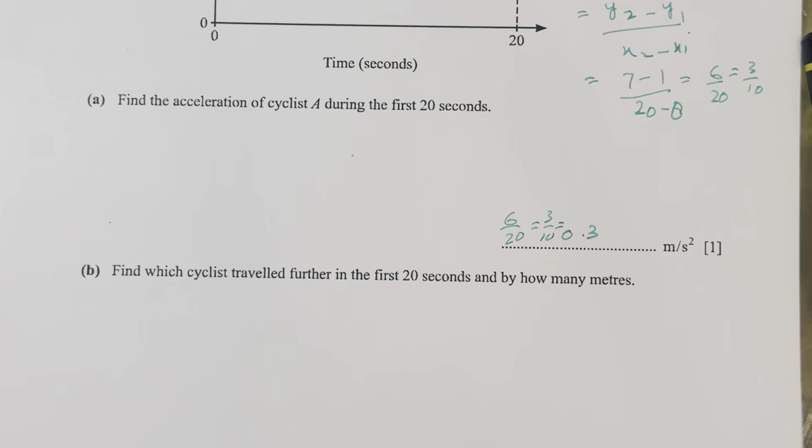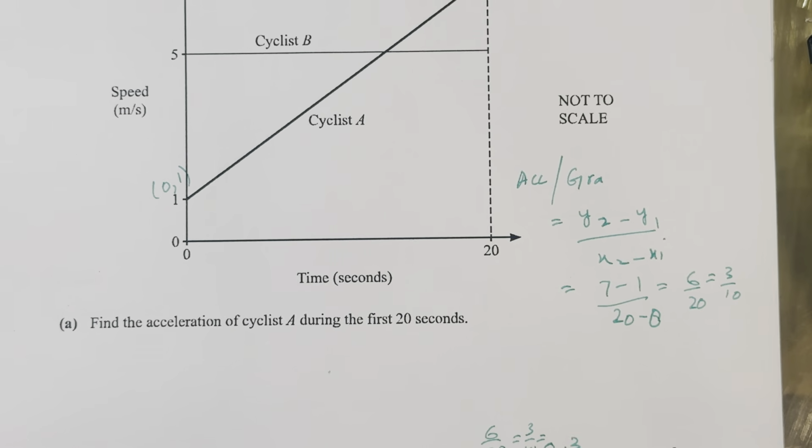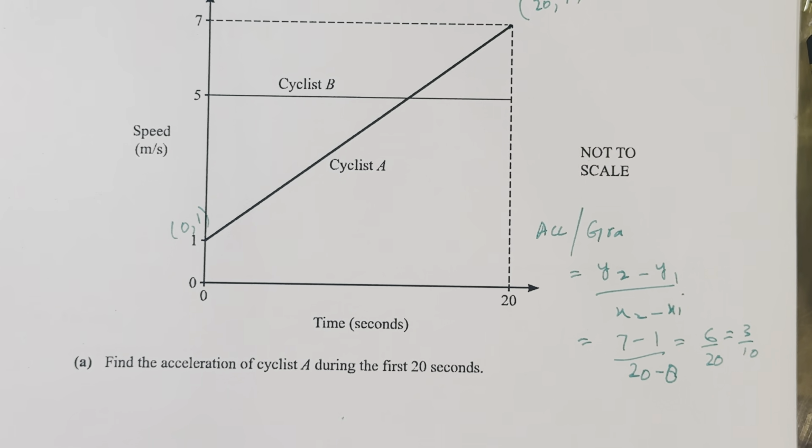Okay, find which cyclist travels further in the first 20 seconds and by how much. So we need to calculate the area.